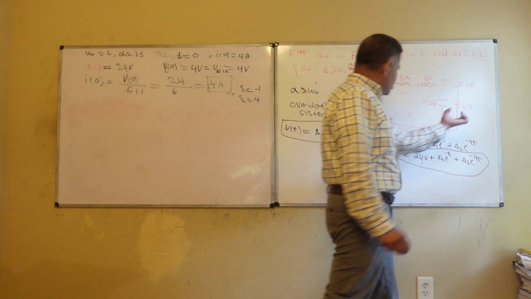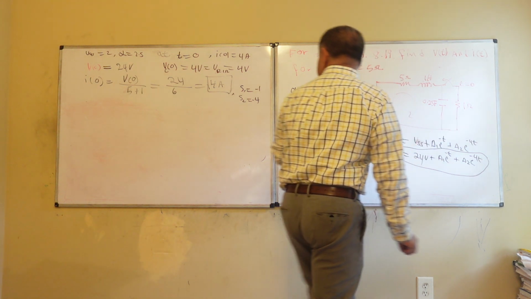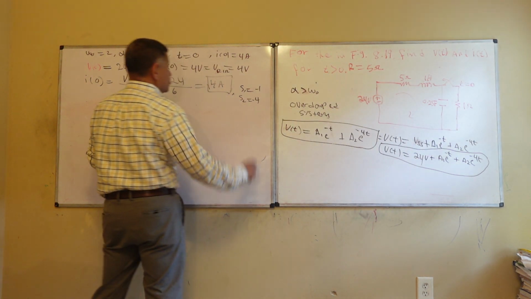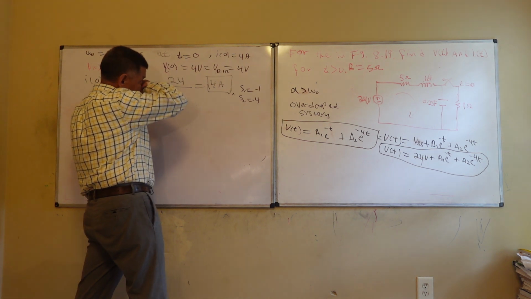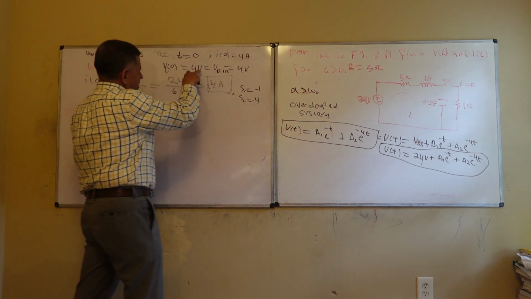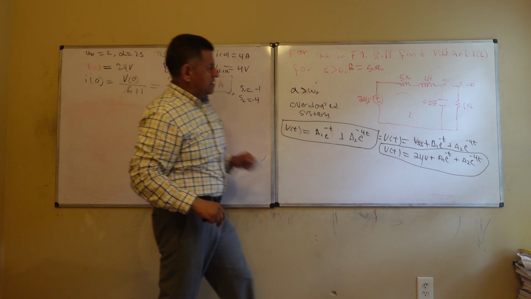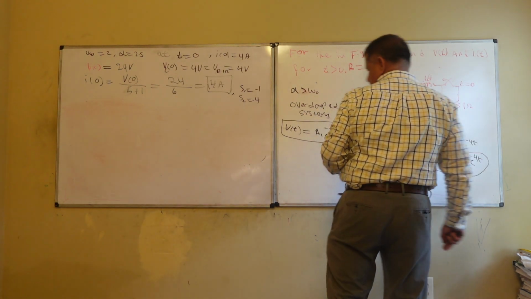Now we know the voltage in this one. We have one of those conditions already: the capacitor voltage and the resistor voltage are the same when t is equal to 0.